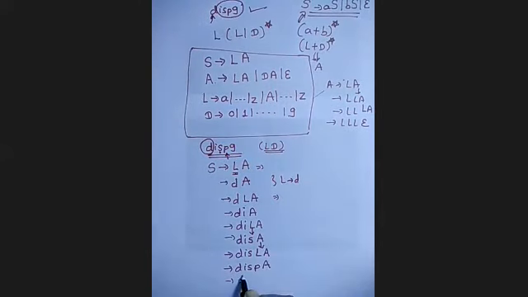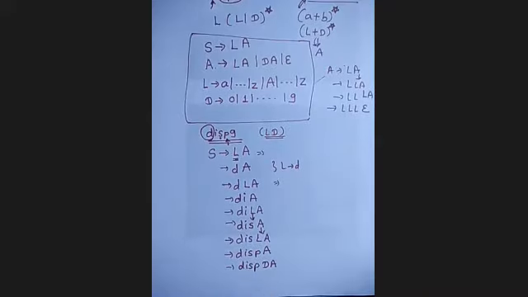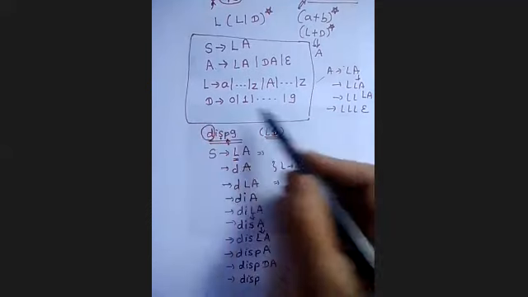Now D will come. A gives, speak loudly, I am not able to hear you. Prathamesh, A gives DA. Okay, correct. And then what digit do we need here? We want the digit 9, so we'll apply D gives 9.